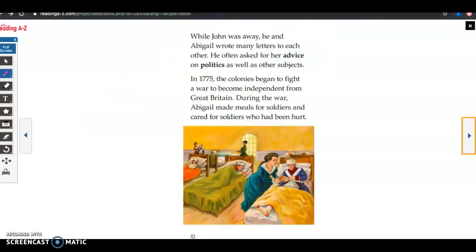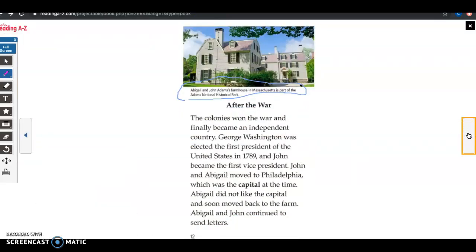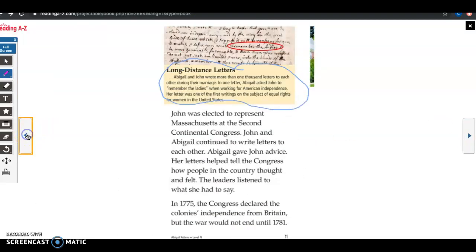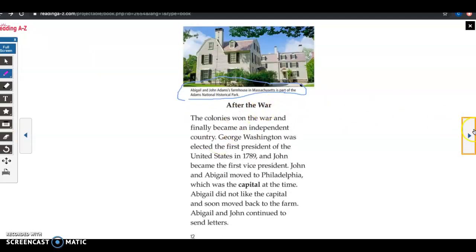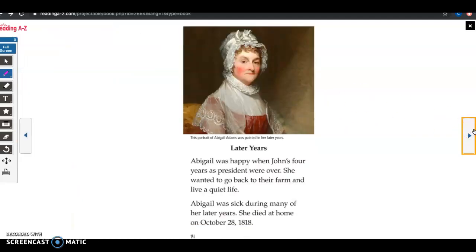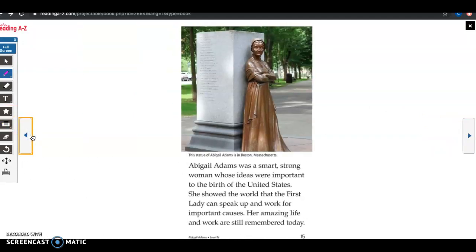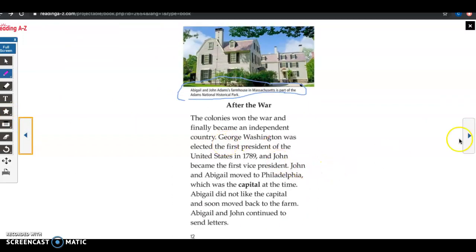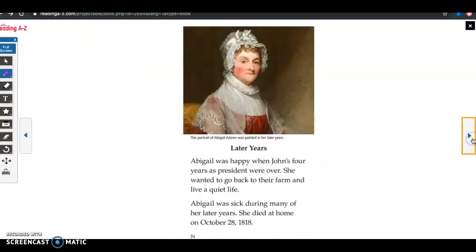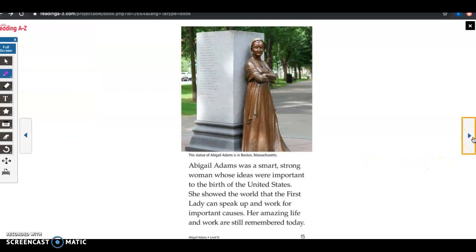Let's go back to the book. So we finished off on page 11. So you're going to start here with page 12, after the war. And I want you to go ahead and just read these last sections. So after the war, page 12 through 13, and then I want you to read later years, page 14 and 15.